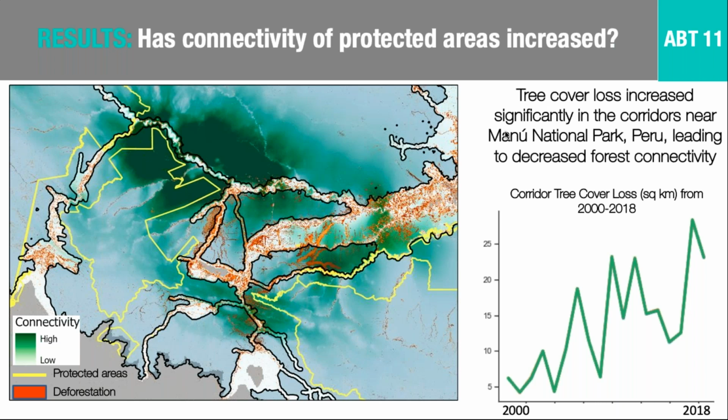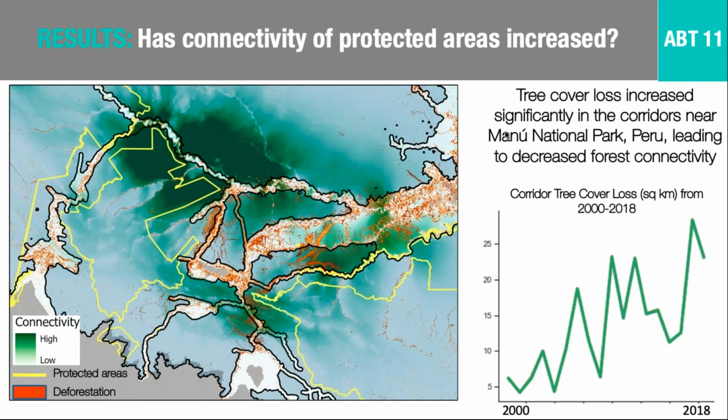Thank you. And so after we map those corridors in the year 2000, we can overlay forest loss from 2000 to 2018 to understand where tree cover loss has occurred within corridors between intact forest landscapes that overlap with protected areas.